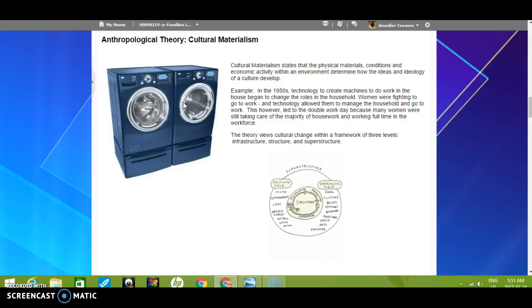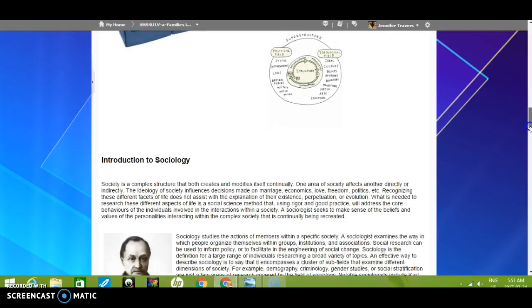Whereas maybe in third world countries, women weren't able to go off and do other things because they're still responsible for taking care of the children and the household chores. This is what cultural materialism is all about, how the products, conditions, and economic activities can actually shape and influence not only society, but the family.